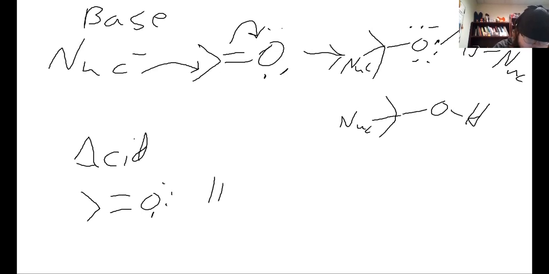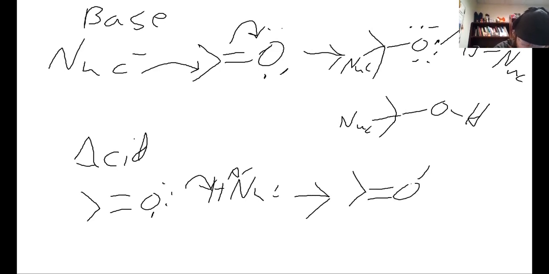The diol, H nuc, attack that, form our H plus, and then now a nucleophile can then attack the back.